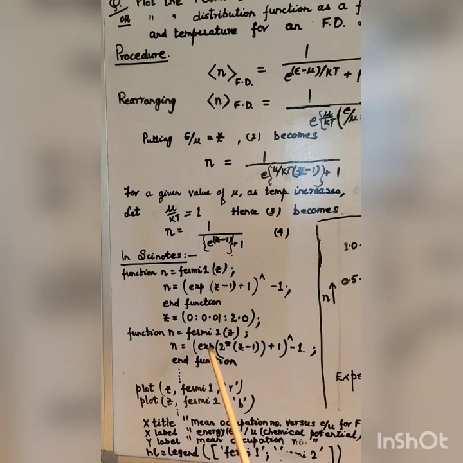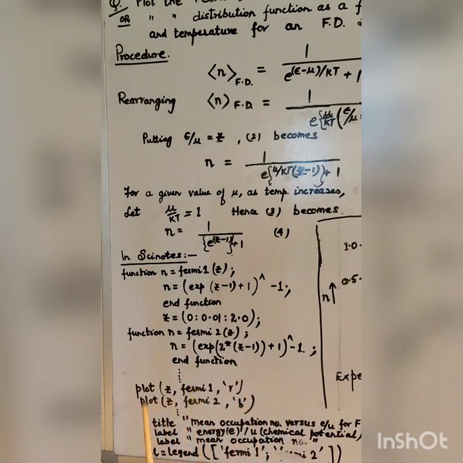So n becomes (exponential (2 * (z minus 1)) plus 1) to the power minus 1, same as here, n function. And so on and so forth. I can go on increasing the values of mu by kT and plot many such functions and name them Fermi1 to Fermi5. I'll show you that I have done that in the SciNotes that I have written, and I can also show you the plotted graph.